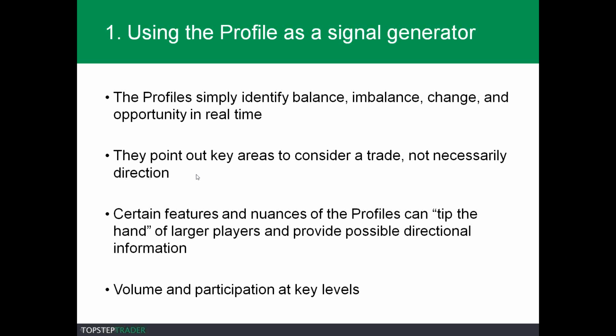I'm sure you remember we were talking about price being the advertiser, time being the regulator, volume the validator. If a market is moving in a particular direction and volume is increasing, activity is increasing, interest in the market in that direction is increasing, it's more likely to continue in that direction.